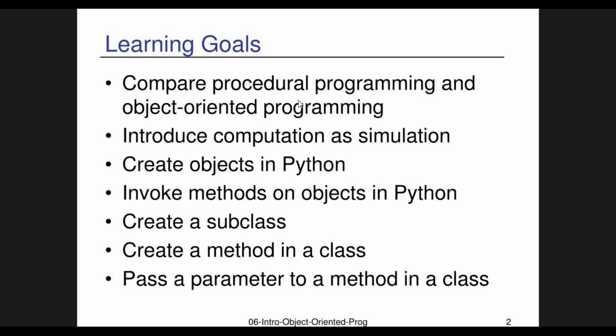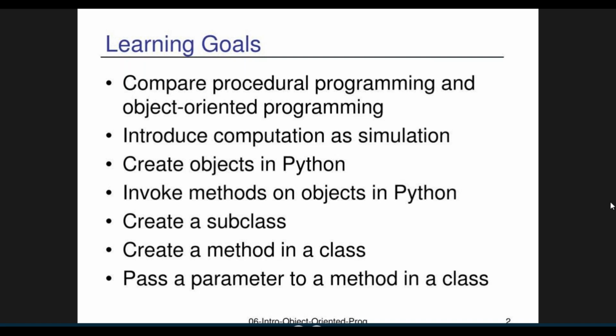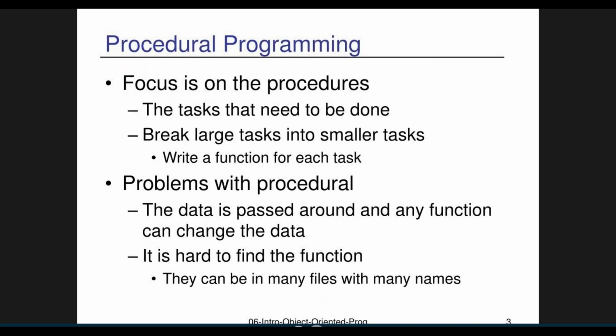The next one is object oriented programming language, which is OOP. First of all, I'm focusing on POP. So focus on the procedures, like the tasks that need to be done. First task, second task, so it's a functional procedural programming language. Break a large task into smaller tasks, that is called your function.